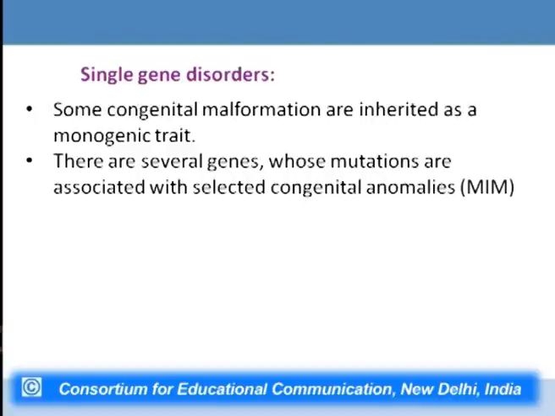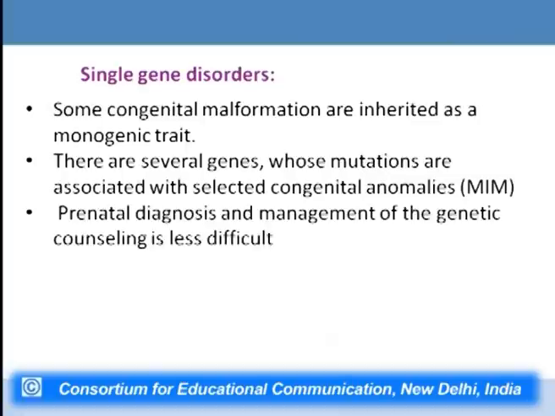It can be seen that there are a number of genes which lead to congenital abnormality in humans. If it is known that a particular individual harbors a mutant gene, then prenatal diagnosis and genetic counseling can be done for such individuals, so that the pregnancy is managed effectively and there will be fewer chances of an abnormal individual being born to such couples.